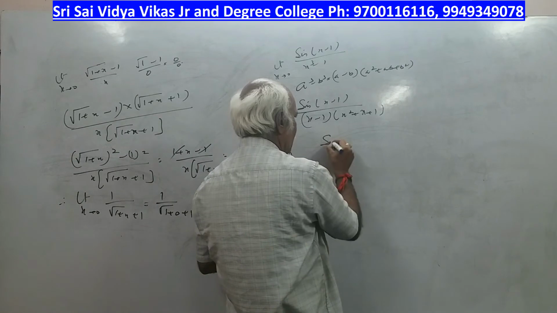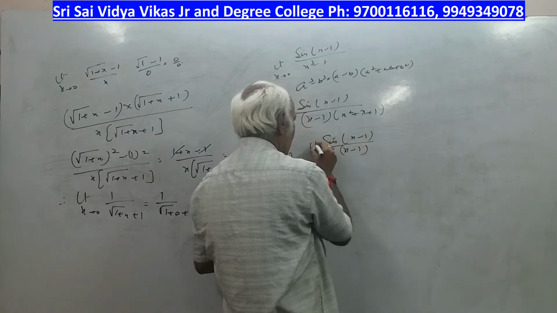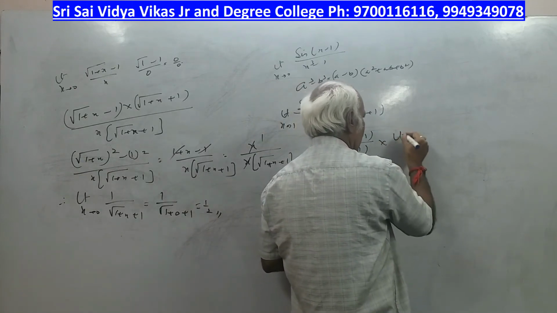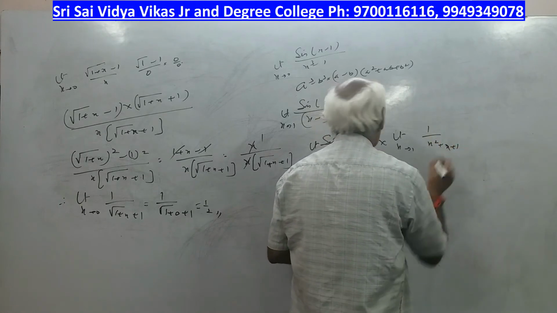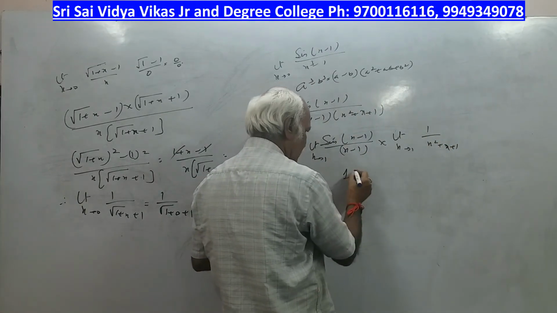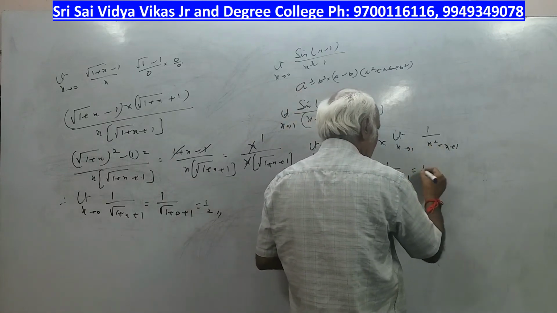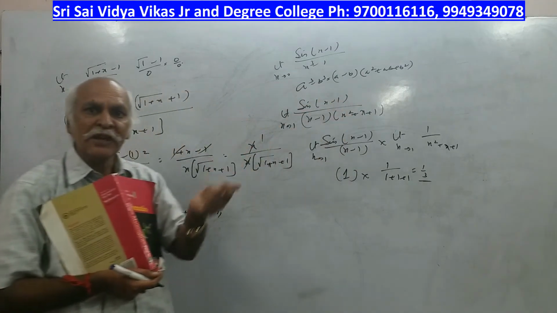So what will happen? Limit of sine of x minus 1 by x minus 1 as x tends to 1, into limit of x square plus x plus 1. So sin theta by theta is 1, into 1 plus 1 plus 1. So here we have applied a cube minus b cube. In the previous one, a square minus b square.